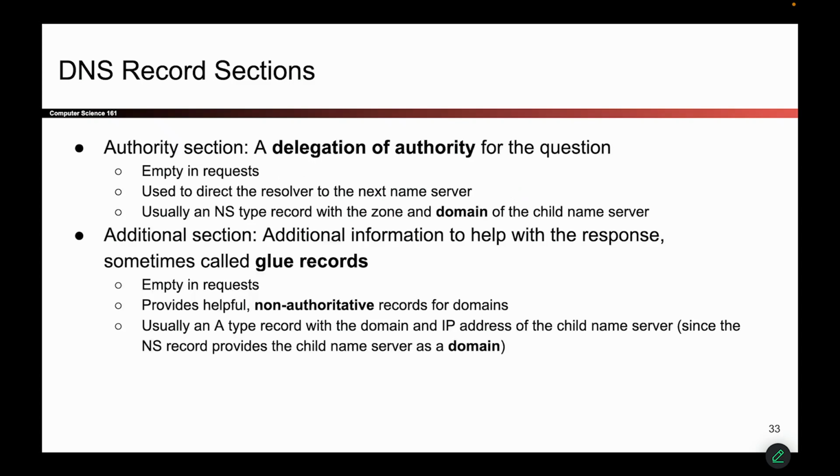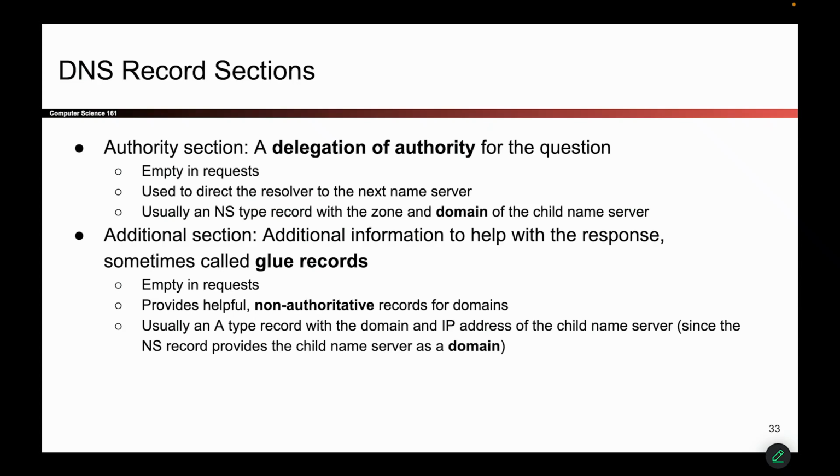Now, if you don't know the answer, this is where these 2 sections come in. These 2 sections together will help us redirect the user to a different name server that can help. So if a name server doesn't know the answer, it's going to fill in these 2 sections to redirect a user to someone else who can help. So the information in here will be the code equivalent of saying, I don't know the answer.